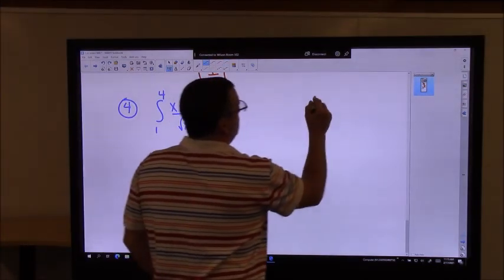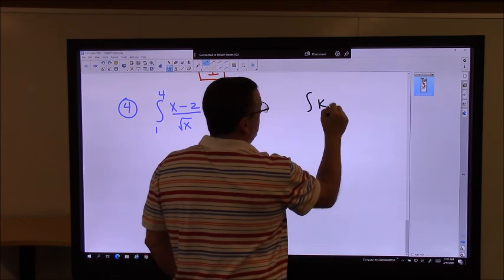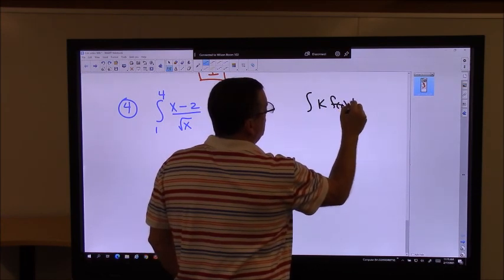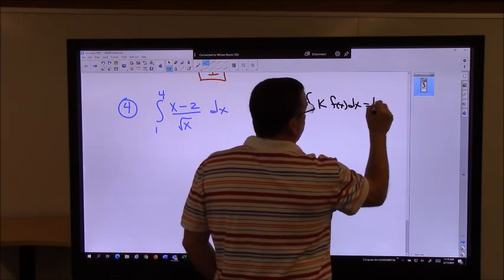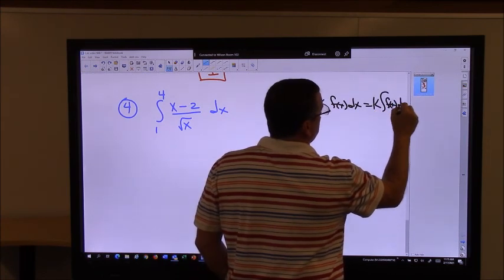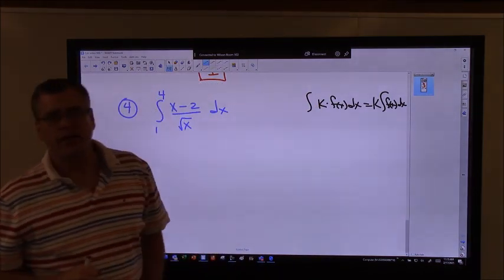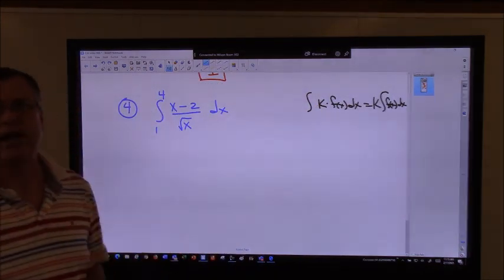Our rule said this: if you have an integral of a constant k times f of x dx, that equals k times the integral of f of x dx. So I have to be multiplying. It can't be adding or subtracting and do that.